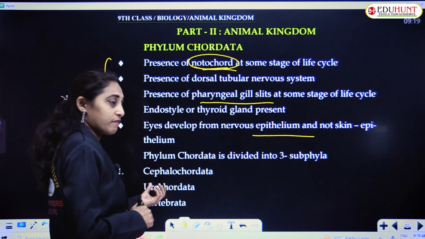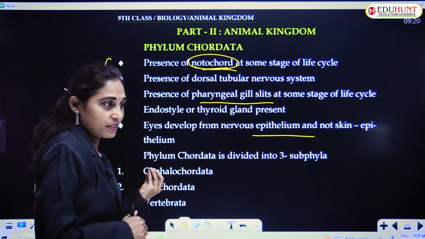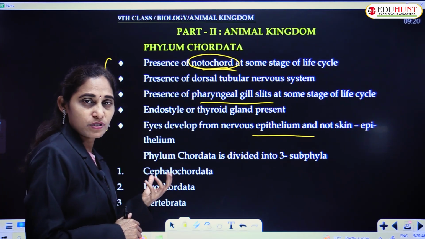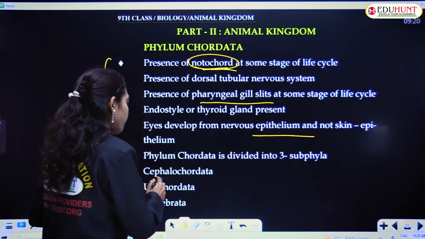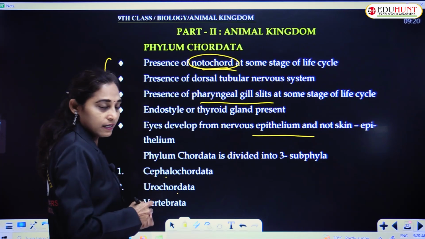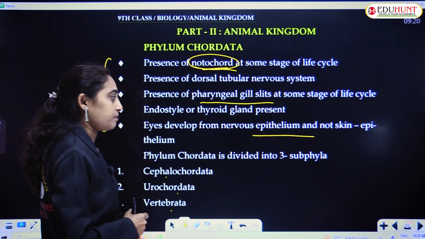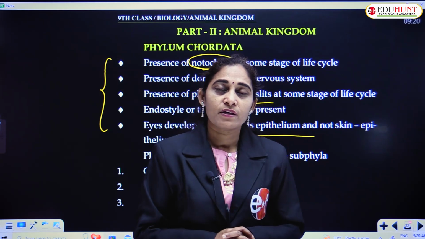The notochord is present throughout life, or sometimes it may be confined to the cephalo, meaning head, that is cephalochordata, and urochordata, uro meaning tail, and vertebrata.